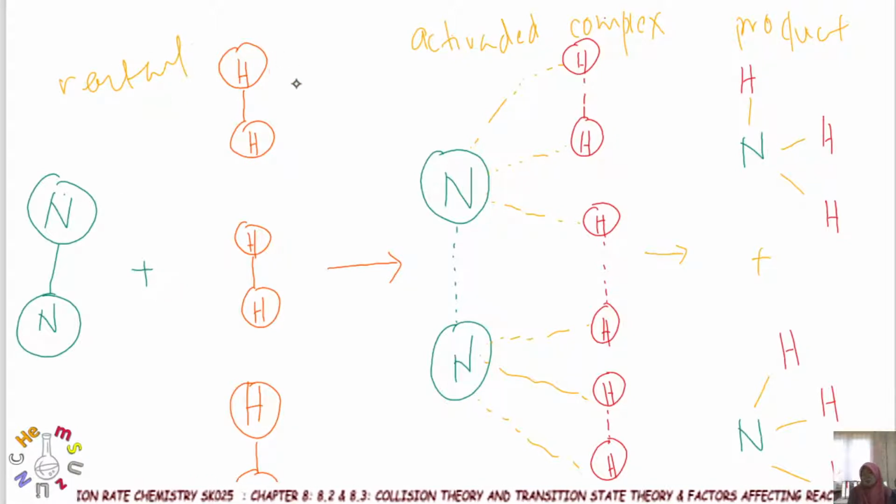So dalam graf tadi, reactant ni dalam bentuk correct position, and then dia akan in the correct orientation, yang mana dia boleh buat pada masa tu adalah temporary bond where the original covalent bond is temporarily break, and then they will form a new bond with the hydrogen.